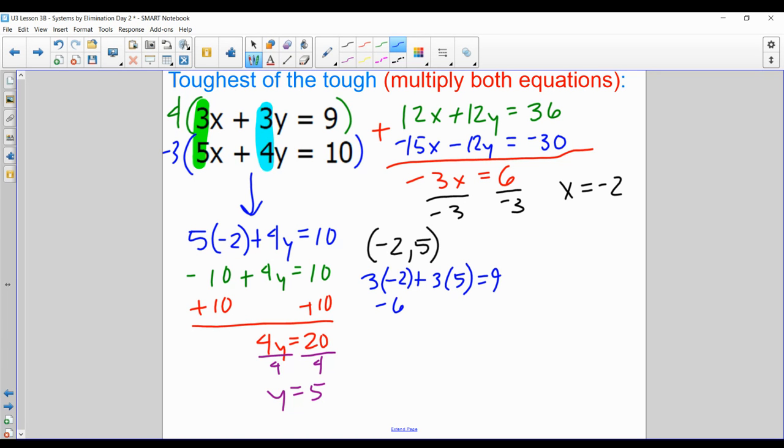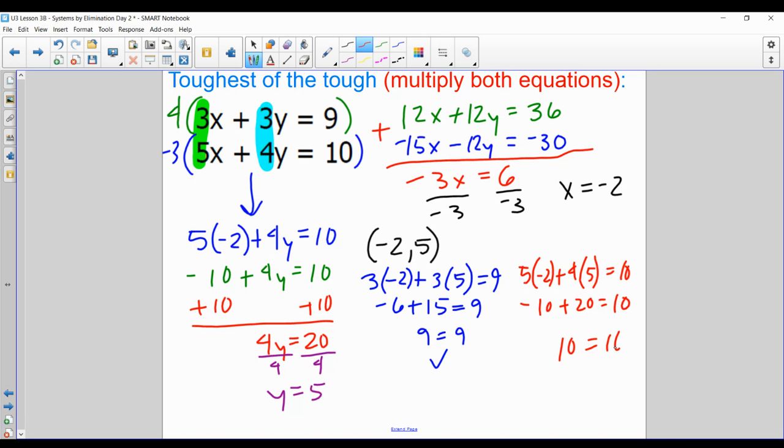So I would get -6 plus 15 equals 9, so 9 equals 9, that checks out. Then I would do the second equation. 5 times -2 plus 4 times 5 equals 10. So I have -10 plus 20 equals 10. 10 equals 10. It checks, and I absolutely know I'm correct.